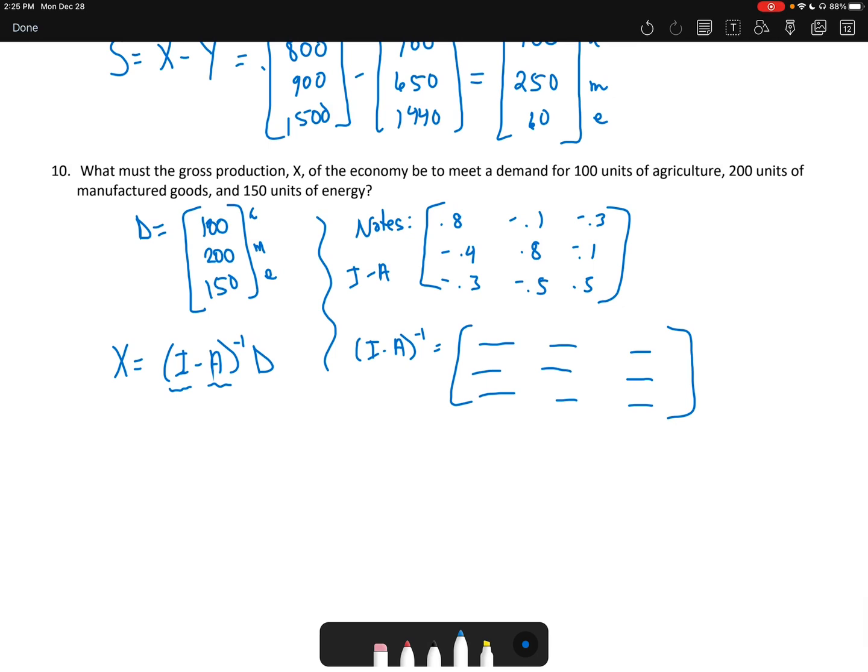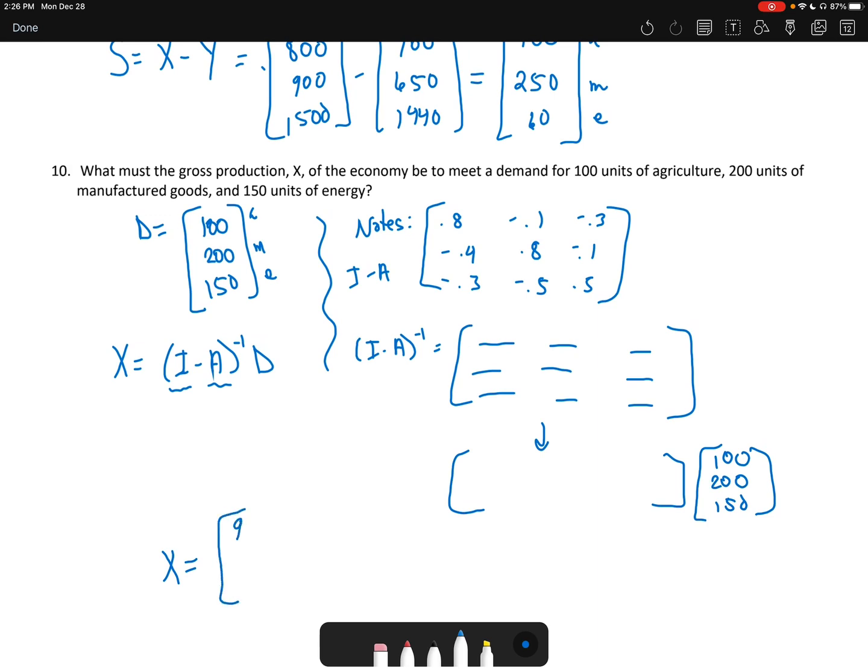And finally, you want to take that matrix that you get there and multiply it by D. It's easier to do if you have it in your calculator. So take this matrix, whatever you have here, multiply that by D, and give me your final solution for X. I'm going to let you do that part on your own, but I'm going to tell you what the answer should be so that you can check it.